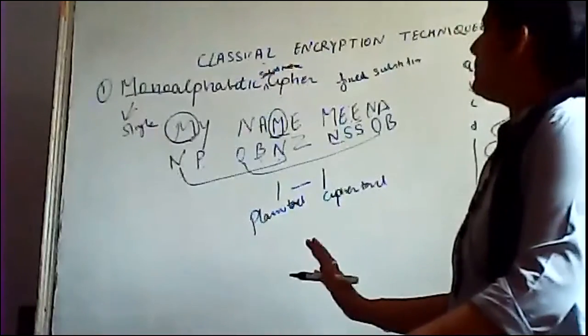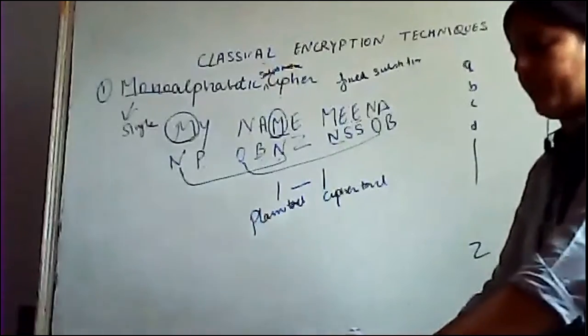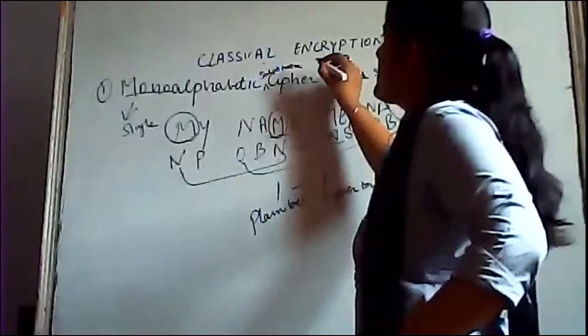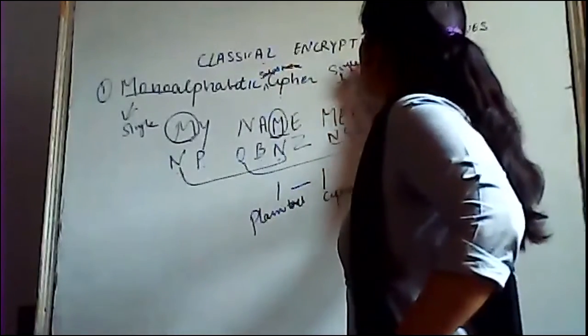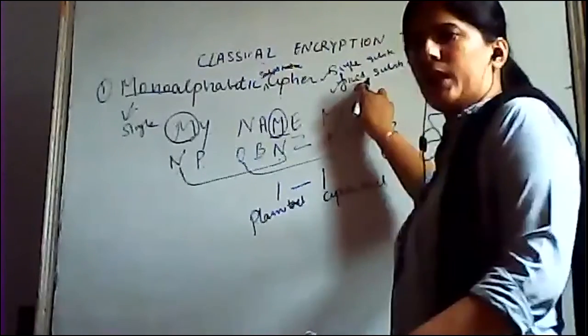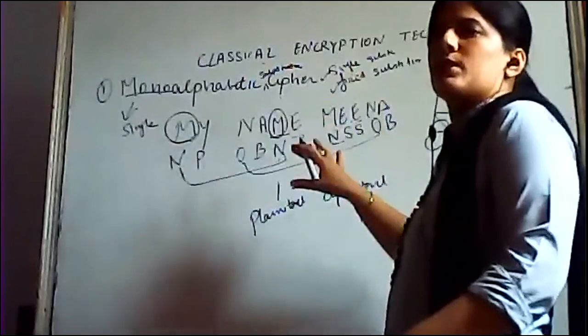3 things that you need to remember. First is that a single cipher alphabet for each plain alphabet is used throughout the process. So single substitution is there. Second is that substitution will be fixed. You cannot change that particular substitution throughout the process.